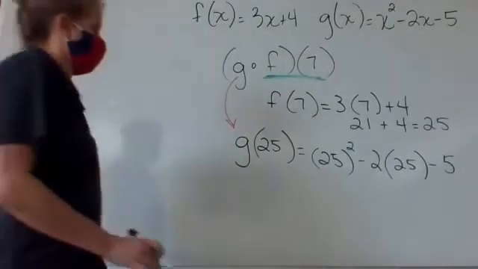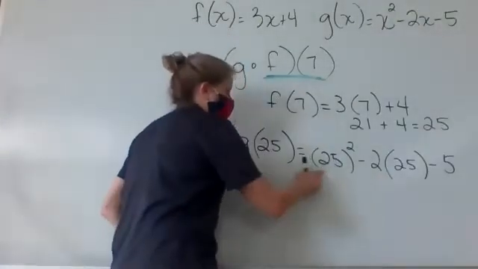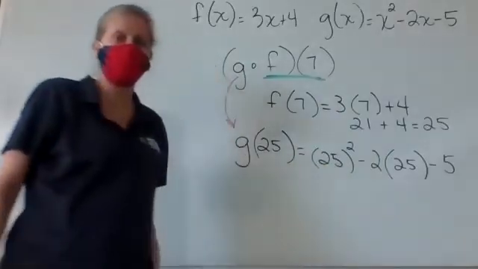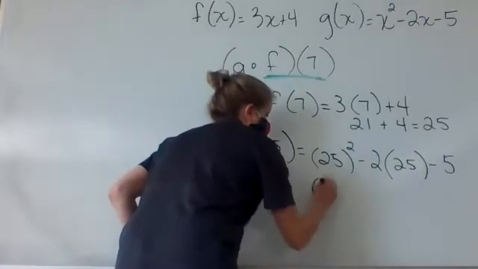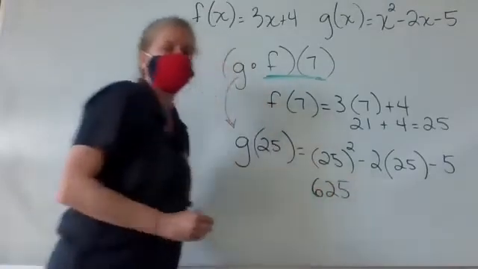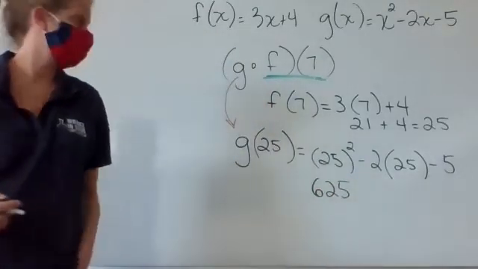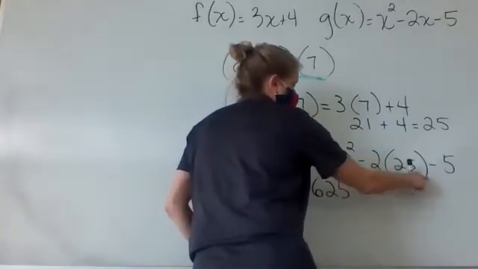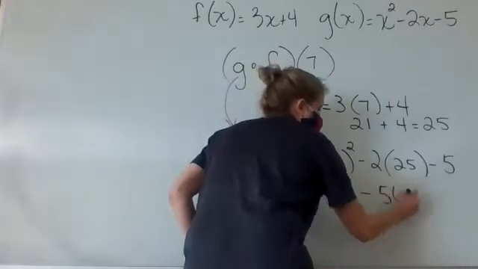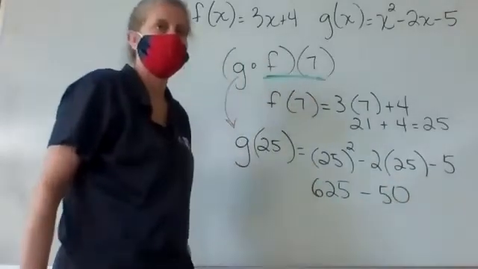And then do the math. So the first thing I need to do is figure out what 25 squared is. That means 25 times 25, which gives me 625. Minus 2 times 25, so minus 50.